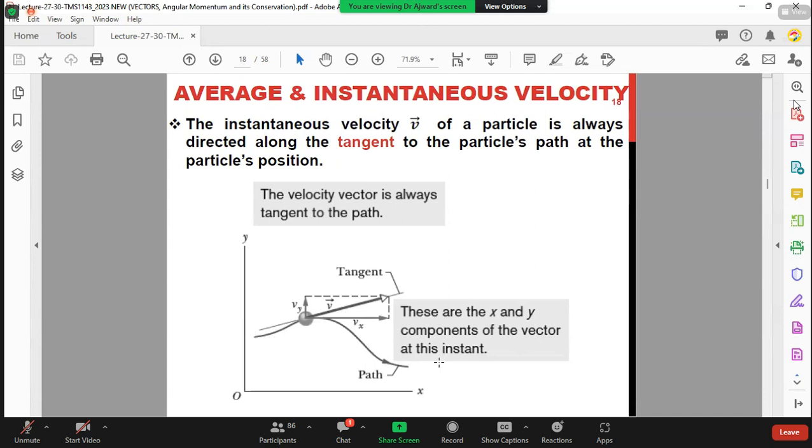Here we are not specifying whether it is projectile motion or circular motion, it is generalized. For any kind of motion, the velocity is always along the path. It is said to be tangent to the particle's path, because remember, velocity is not the speed, it has a direction. And you can find the x and y components by taking the cosine and sine of the v.